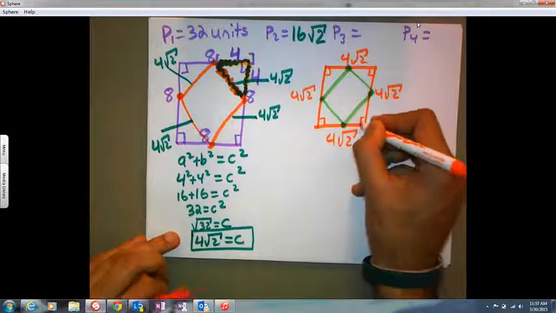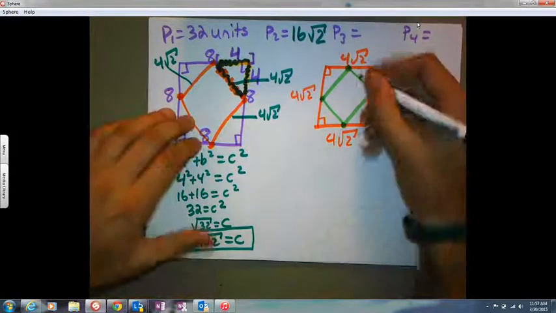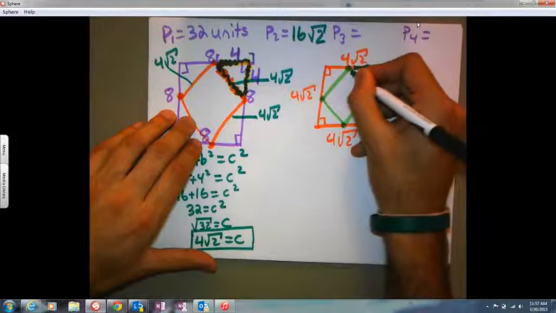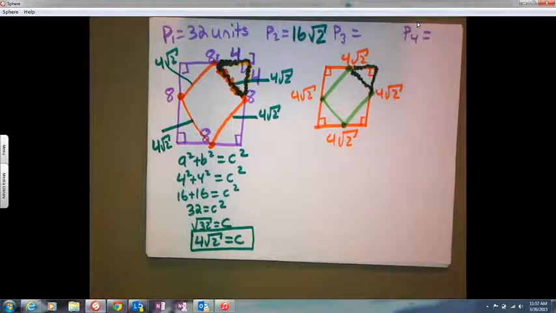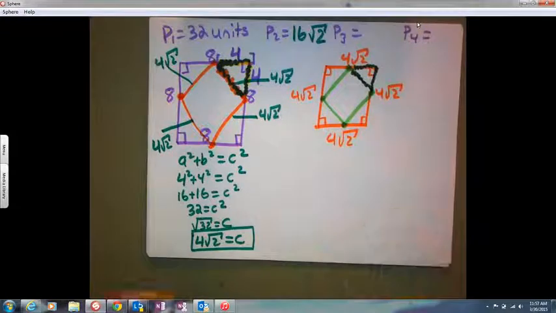And look again what emerges, this right triangle. Okay, we've got a right triangle here. So we're going to go through the exact same process to get this side here. So let's write down our formula. A squared plus b squared equals c squared.